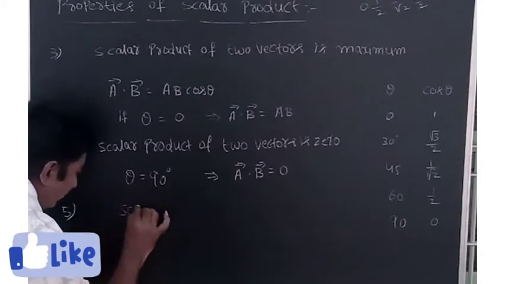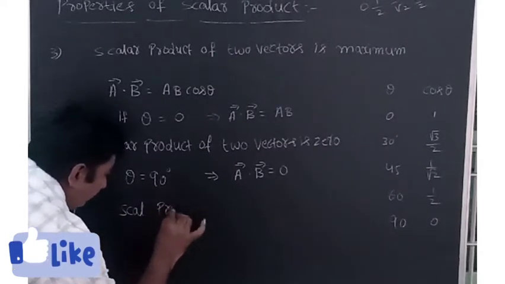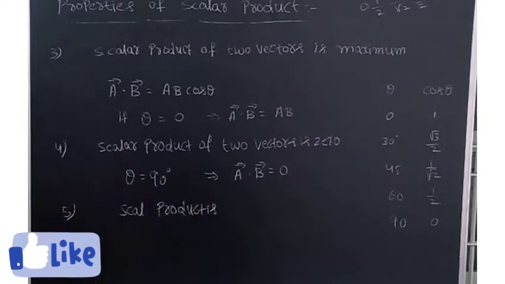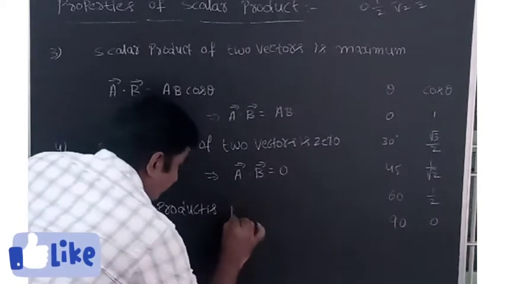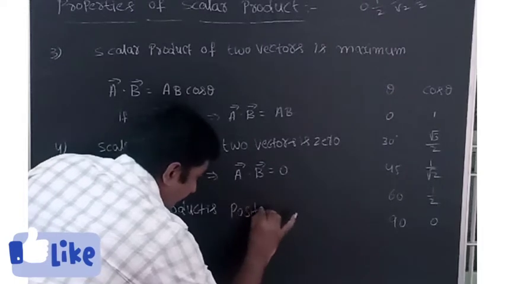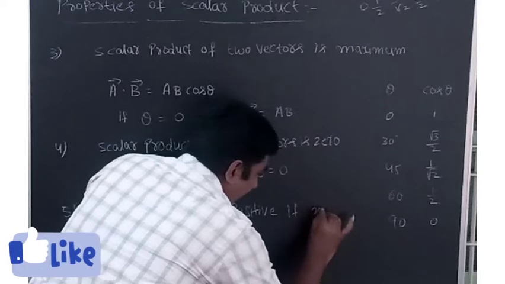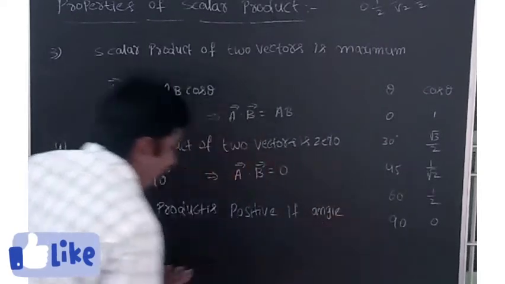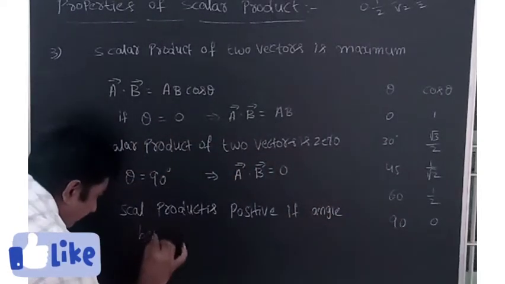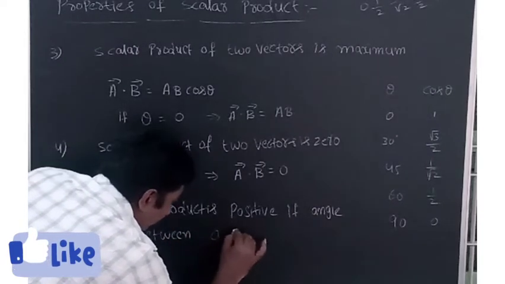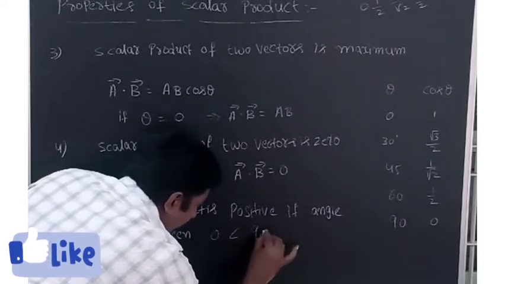Next, scalar product is positive if the angle is between 0 to 90 degrees.